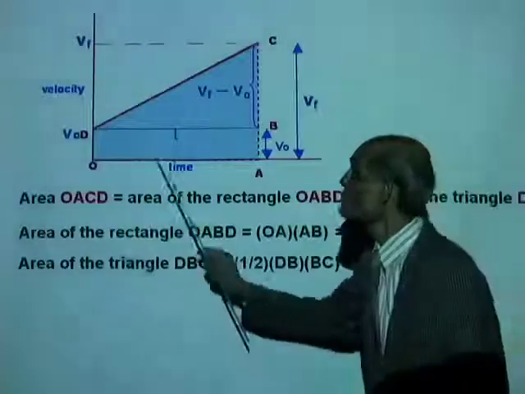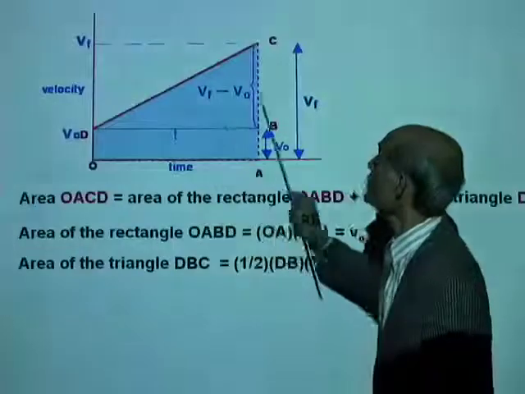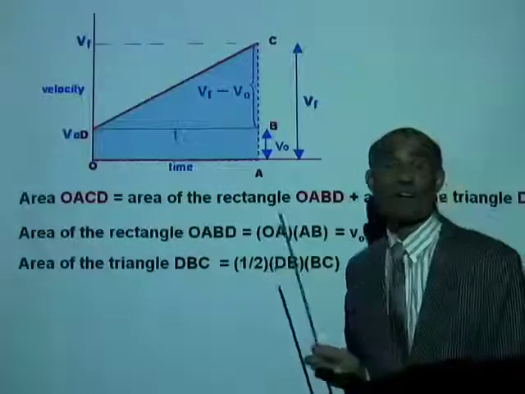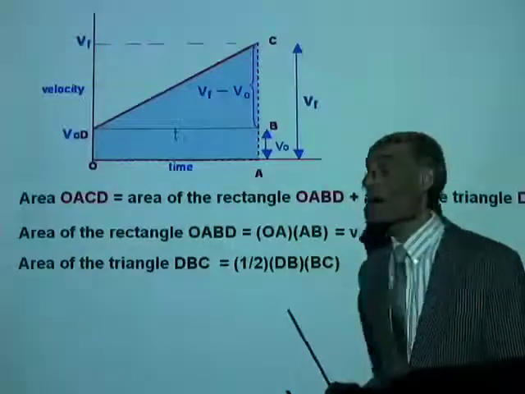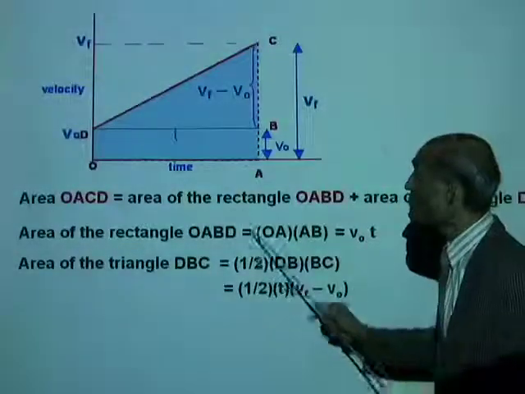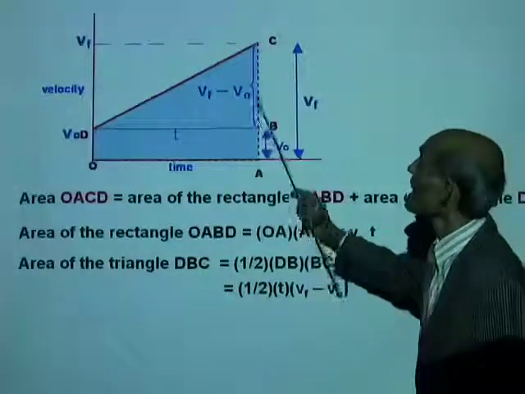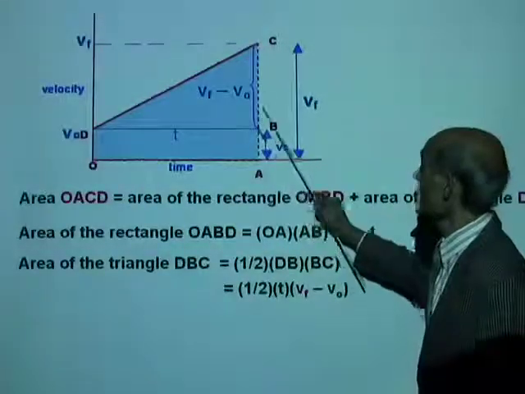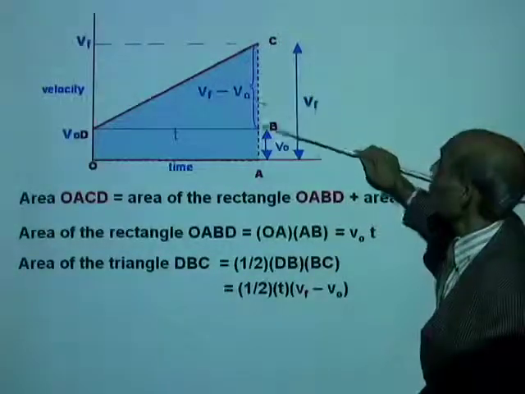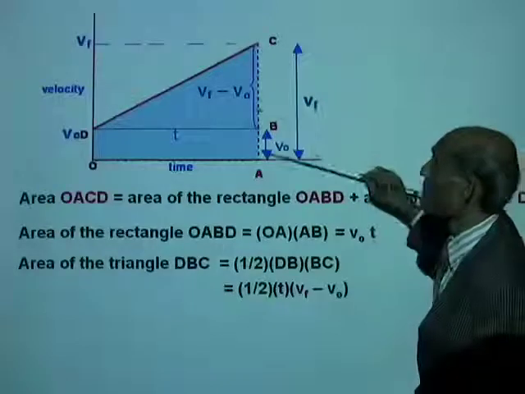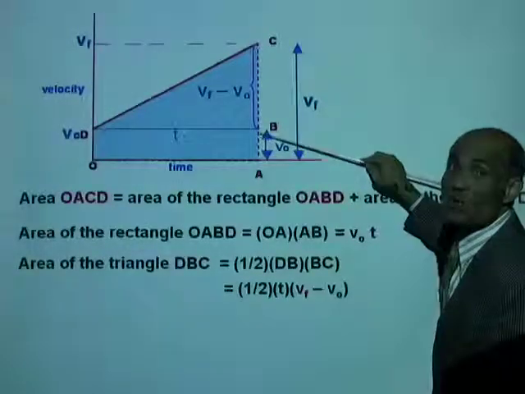What is the area of the triangle DBC? What is the area of that triangle? Area of a triangle is 1/2 base multiplied by height. 1/2 base, what is the base of the triangle? It is t. What is the height of the triangle? If you look at this length, it is Vf, the final velocity, and this length is V0.